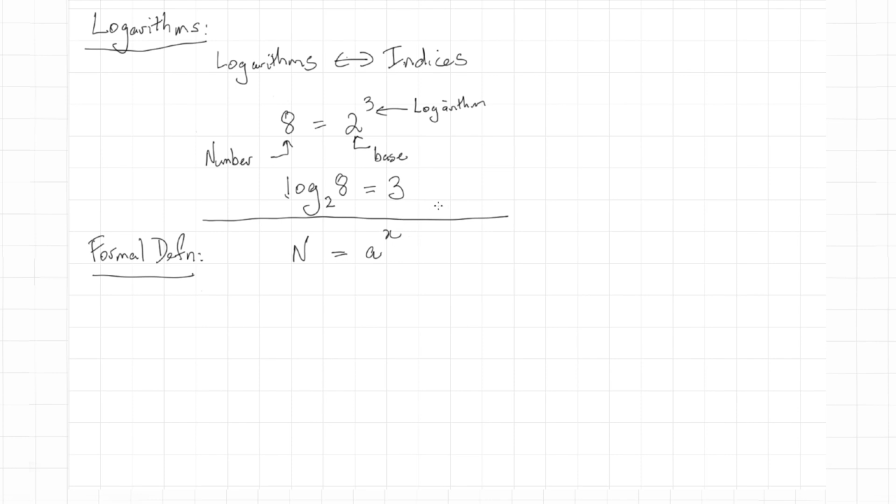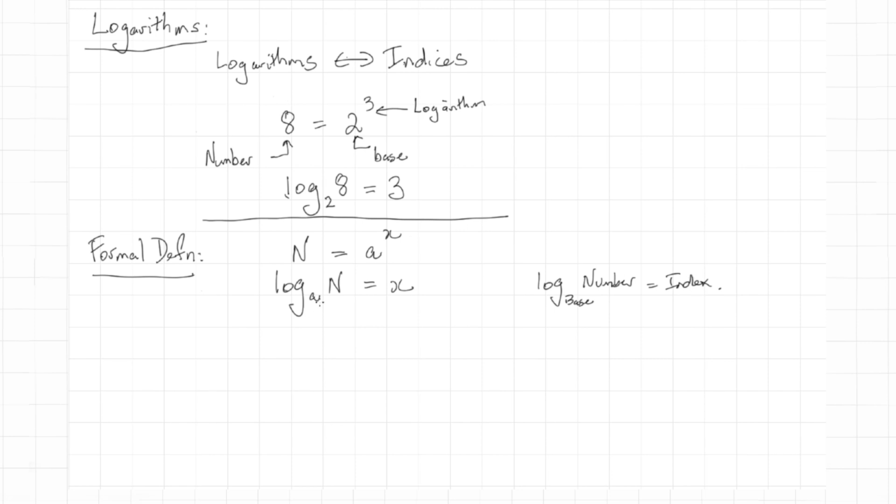If n equals a to the x, then the log to base a, because there's my base, of the number n is equal to x. So it's written log base, number, equals the index. If we go back to that example, the base, number and index.